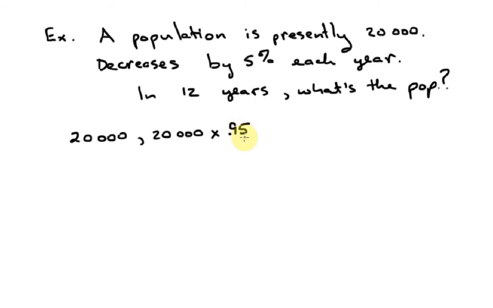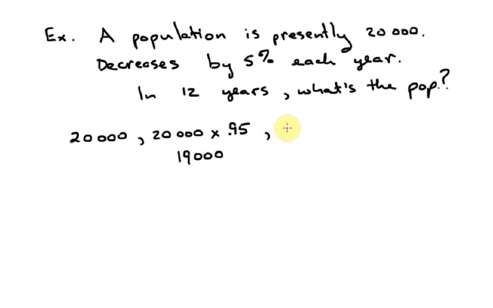Okay, so losing 5% is one way to look at it, but a more direct calculation is to say, I'm going to take 95%, or 0.95, times 20,000. And that gives me 19,000. So that's, in 1 year, our new population. Okay, it has decreased by 5%.